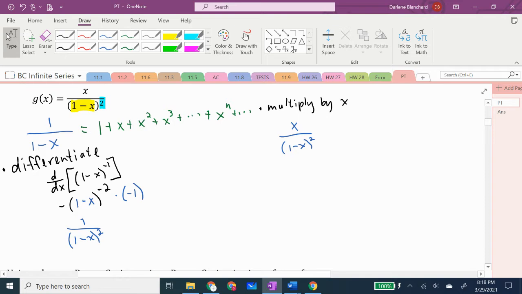So I differentiate. When I differentiate, I am going to get derivative of 1 is 0, and then I'm starting really off here with derivative of x is 1, 2x, 3x squared. That's only 3 terms.